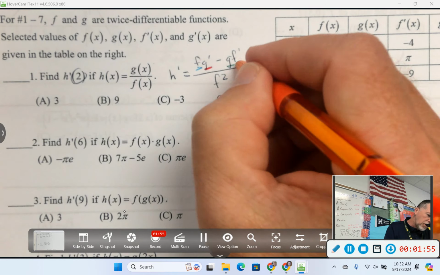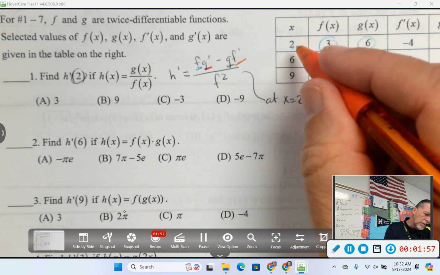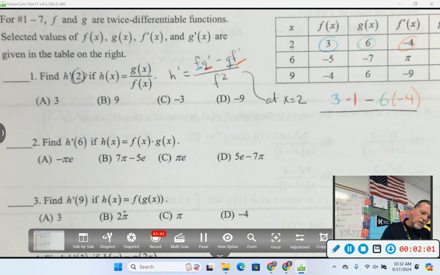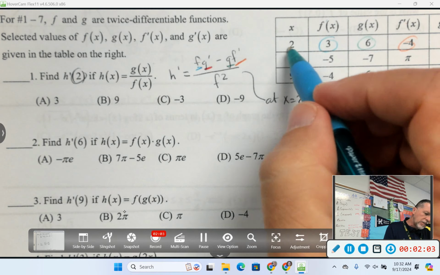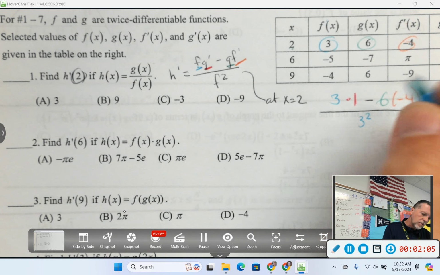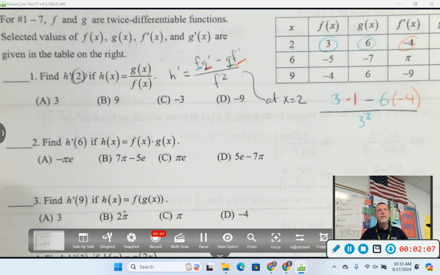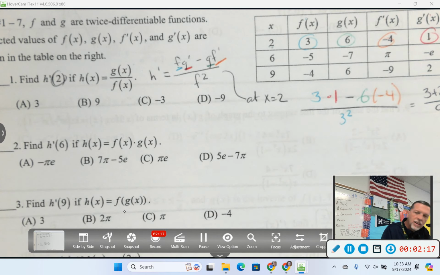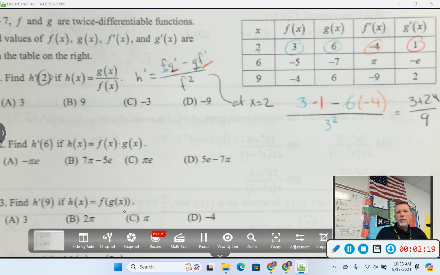And f prime of 2 is negative 4. All over f of 2 squared. So the equation was tricky because things were backwards, but after that, 3 plus 24 over 9, 27 divided by 9 is 3.